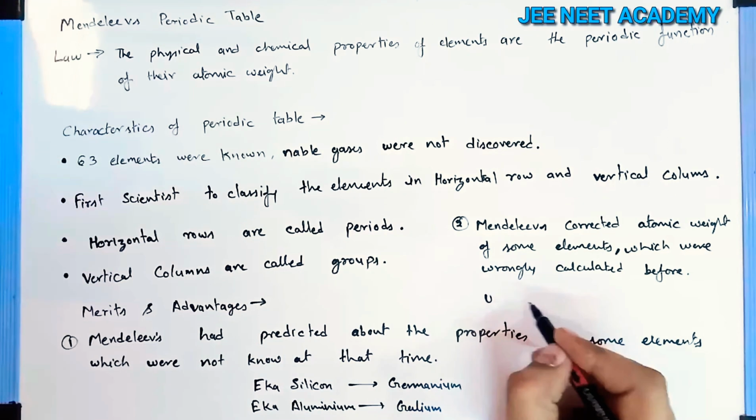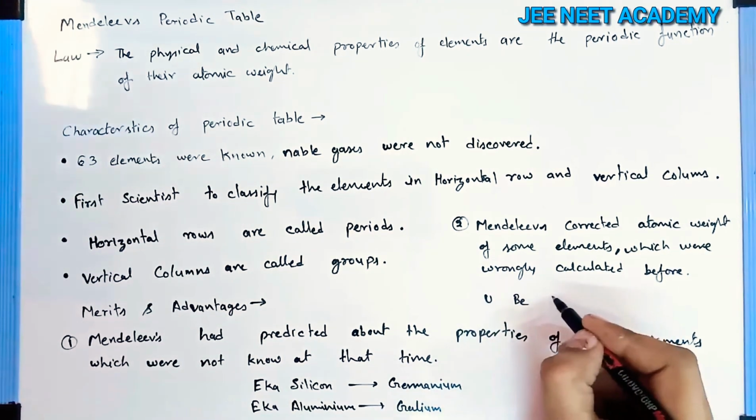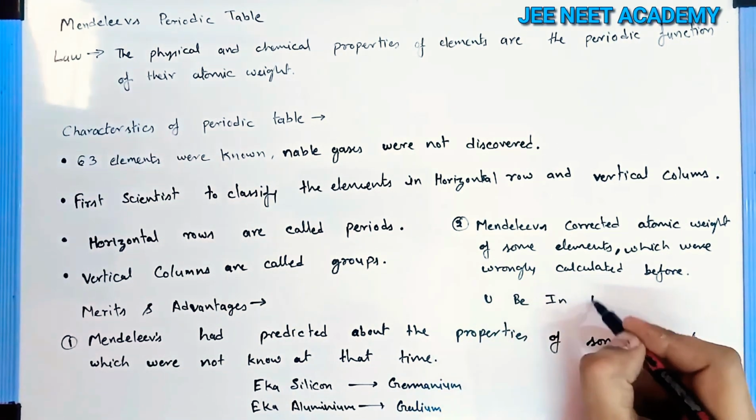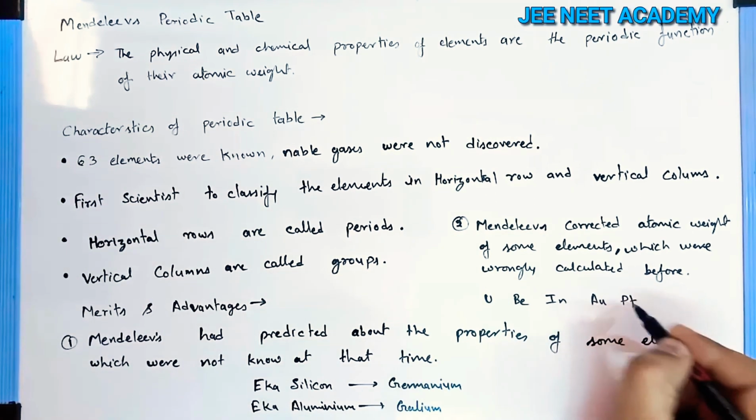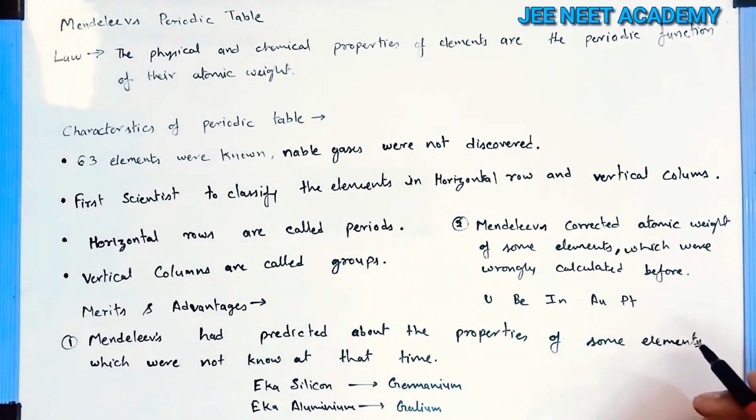Uranium, beryllium, indium, gold, platinum, these elements' atomic weights were not known correctly at that time. So Mendeleev's periodic table helped to discover the atomic weight for these elements.